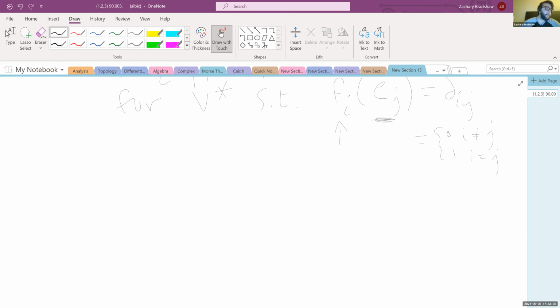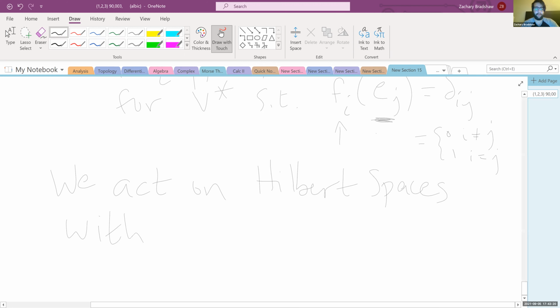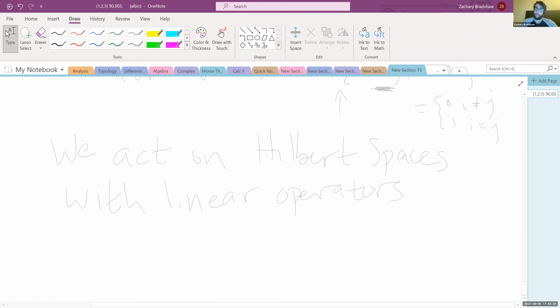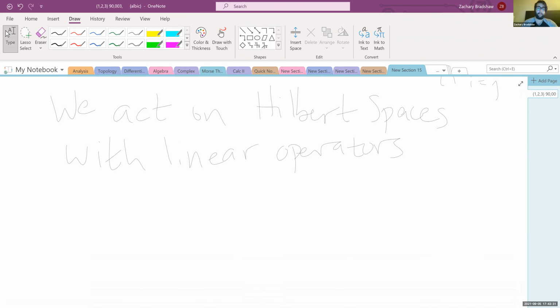Okay, so we have a Hilbert space. Great. What do we do with it? We like to act on Hilbert spaces with linear operators. What does that mean?